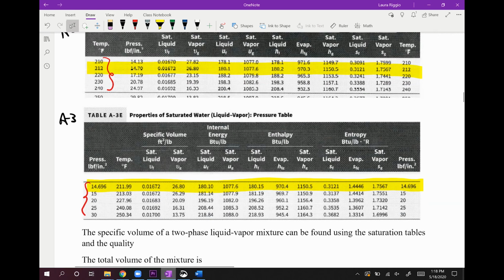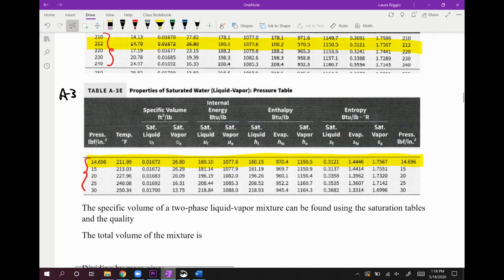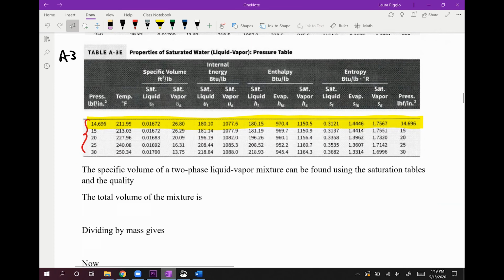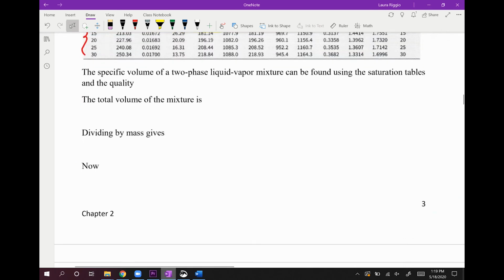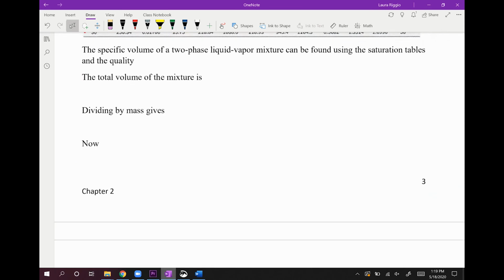The specific volume of a two-phase liquid vapor mixture can be found using our tables and the quality. So let's look at this. What is the total volume of the mixture? Well, the total volume of the mixture is equal to the volume of the liquid plus the volume of the vapor.